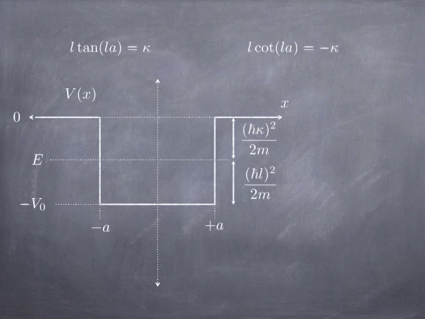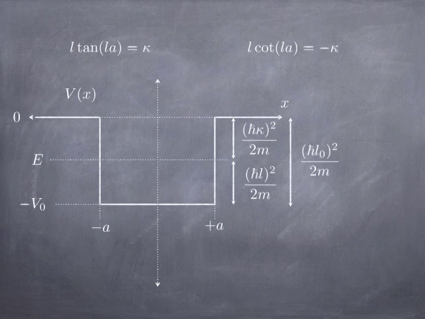In other words, it's the magnitude of the energy. And you can see from the picture that the sum of those two has to be nothing other than the depth of the well. So that means that h bar kappa squared over 2m plus h bar L squared over 2m is equal to V0.